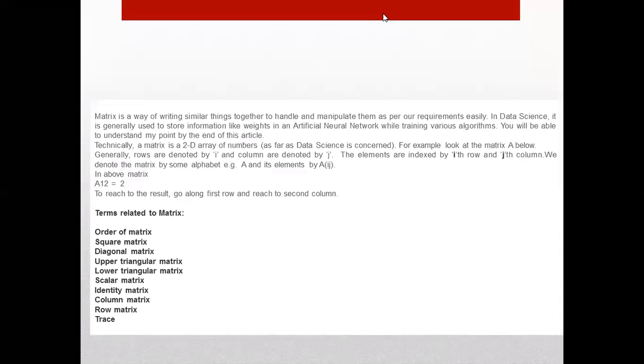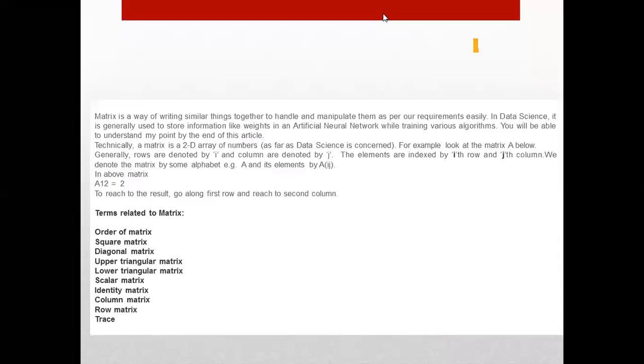Okay, so there are different types of matrix, and you can see the terms related to a matrix. The first one is the order of the matrix, then square matrix, then diagonal matrix, upper triangular matrix, lower triangular matrix, and scalar matrix, identity matrix, column matrix, row matrix, and finally the trace.